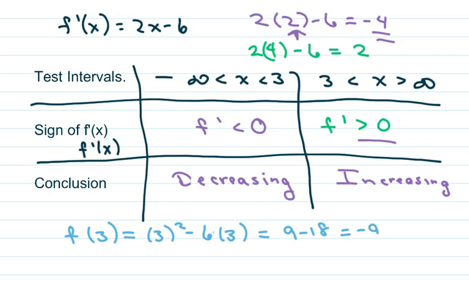So basically we have a relative minimum at 3 comma negative 9. And you know that because it goes from decreasing to increasing.